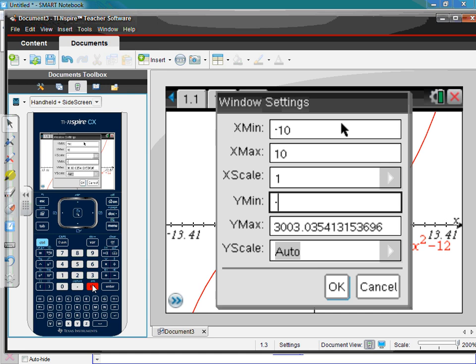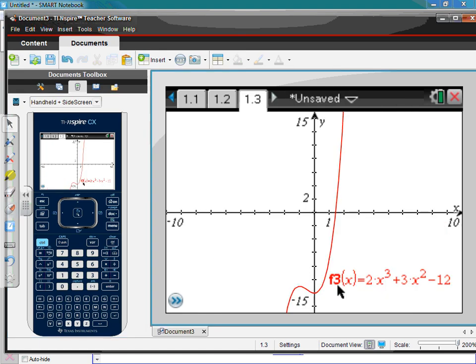Let's do -15 as my min, tab, to 15, and let's go by scales of 2. So my x-mins are from -10 to 10, scale of 1. My y-mins are from -15 to 15, and scale of 2. Because I want to really see what's going on around that x-axis.